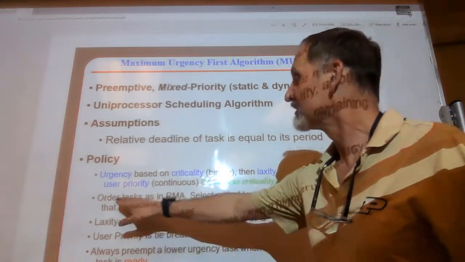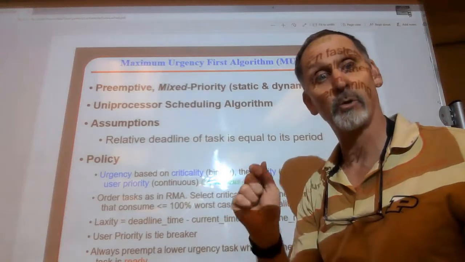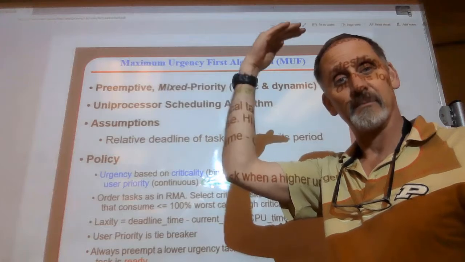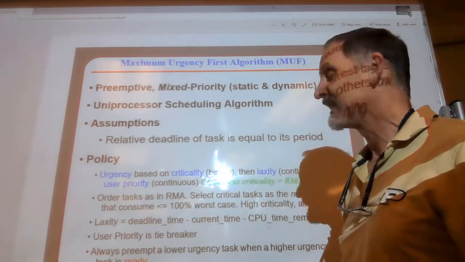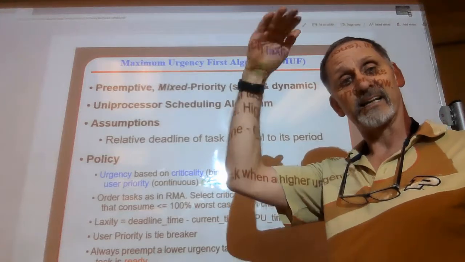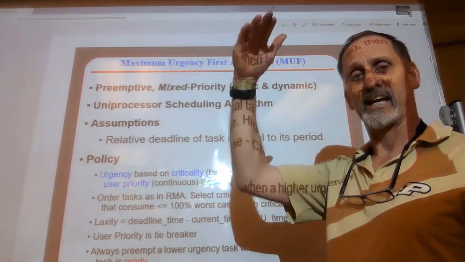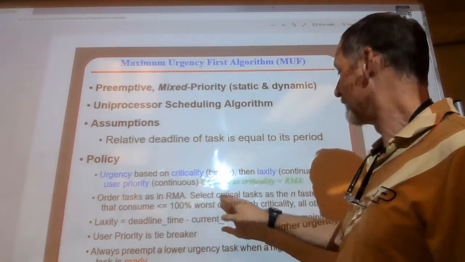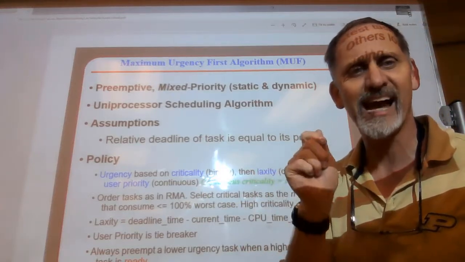Now, first, we order the tasks in rate monotonic order, in other words, from the fastest task down to the slowest task. The criticality in this case is going to be based on that set of tasks, but we're going to set what we call a critical task list.